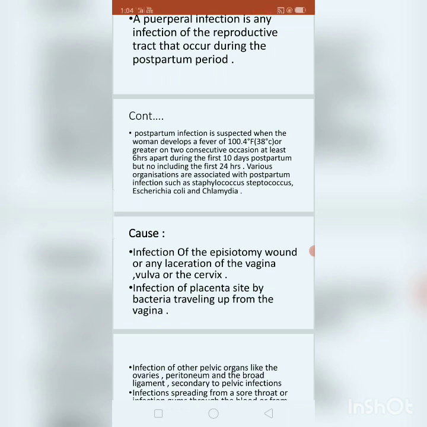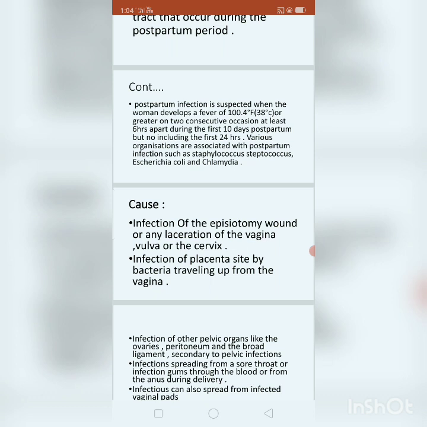Next is the infection of the placental site by bacteria traveling up from the vagina. It is most commonly seen in cases of prolonged labor, after repeated vaginal examination or any unsterile condition, or after cesarean section.